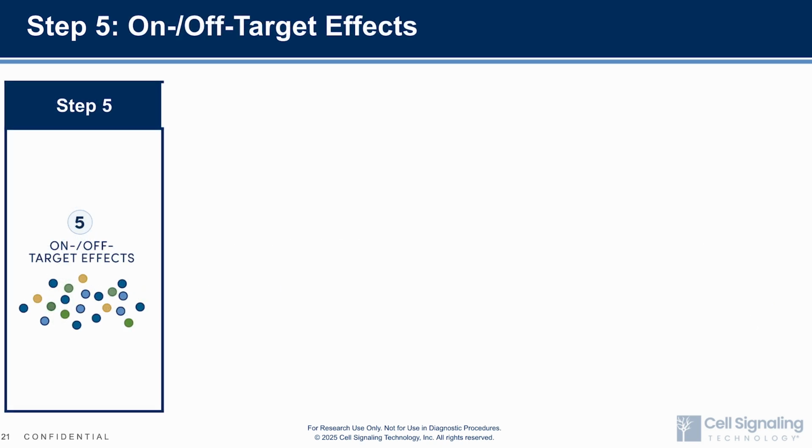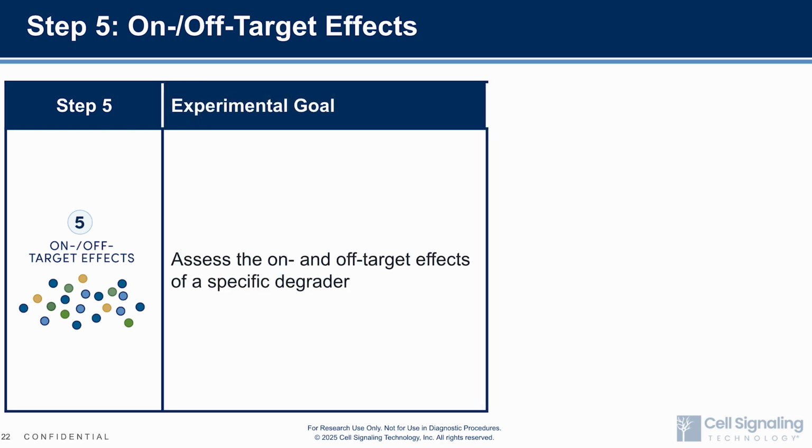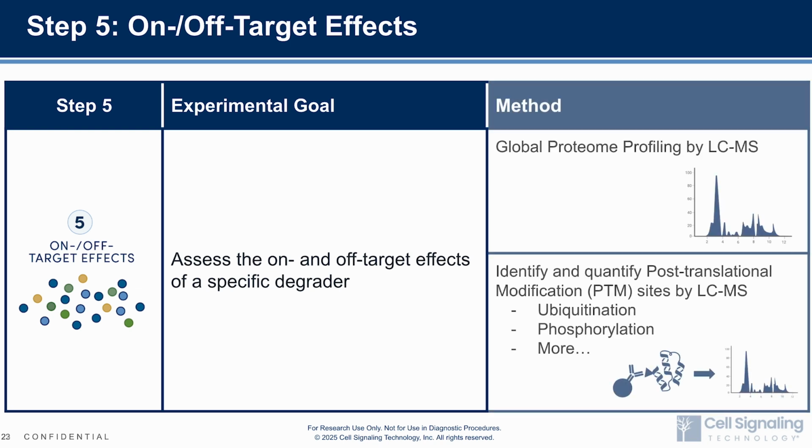To determine next, after you've shown that you're able to degrade the protein, what are some of the on and off-target effects? When we're thinking about off-target effects, we're really trying to think globally across the proteome. We want to make sure that we're understanding any things that might be happening that are not related to the degradation of our target of interest. One of the most common ways that people look at this is global proteome profiling by LCMS.